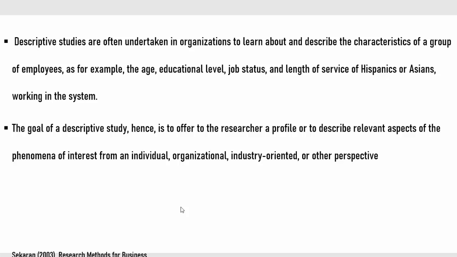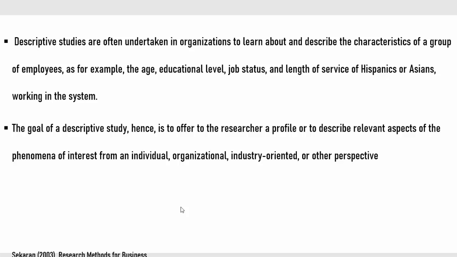Descriptive studies are often undertaken in an organization to learn about and describe the characteristics of a group of employees, for example, age, educational level, job status, and length of service. The management sometimes needs information.